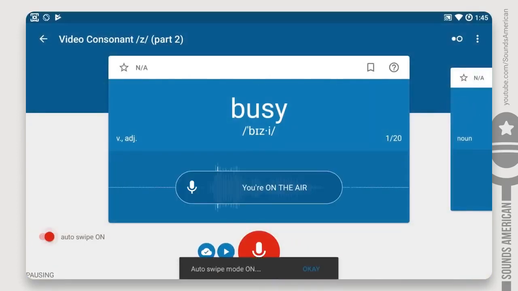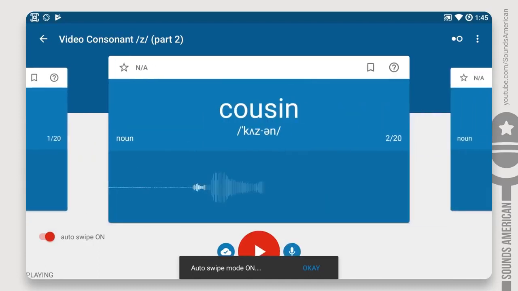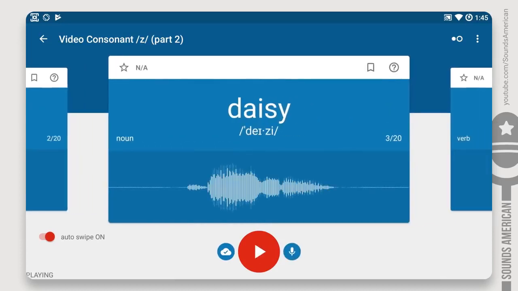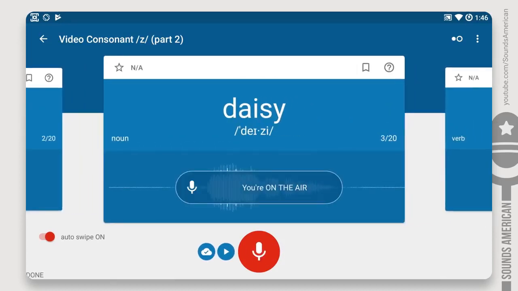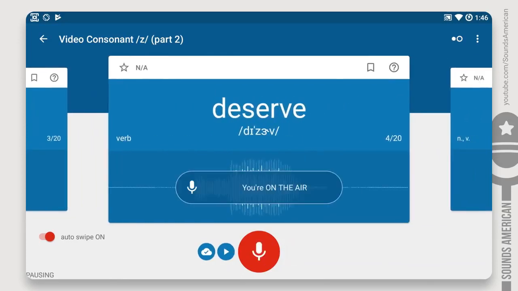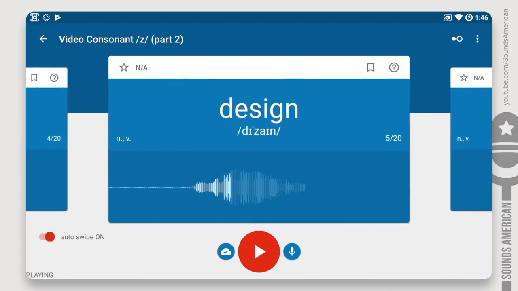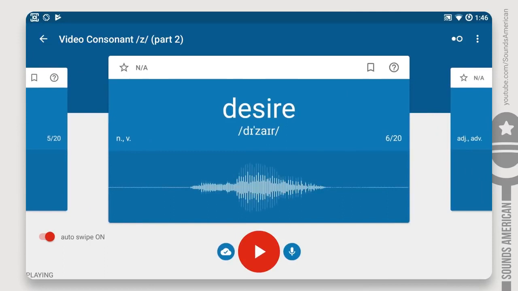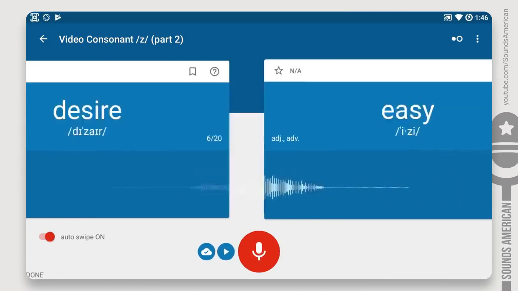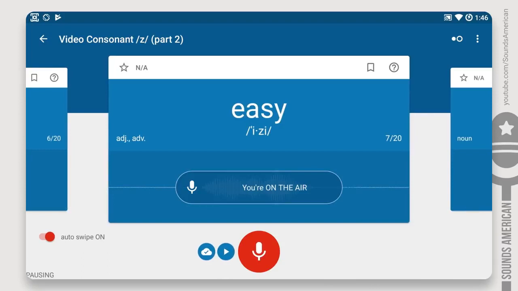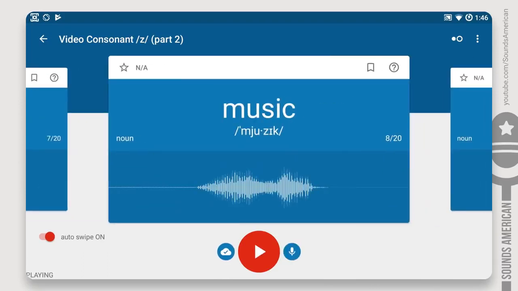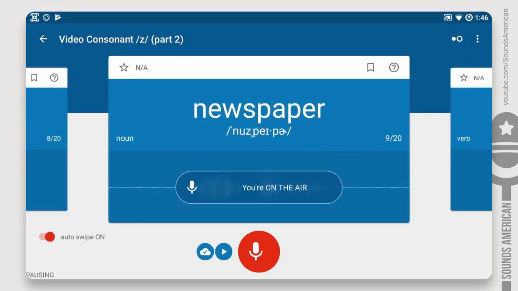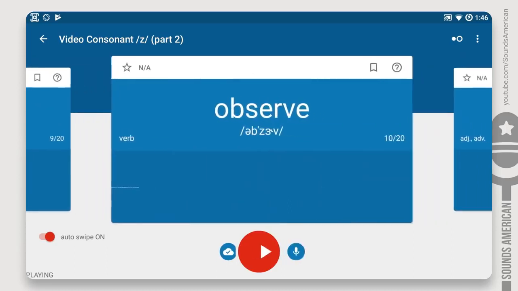Busy, cousin, daisy, deserve, design, desire. Easy. Music. Newspaper. Observe.